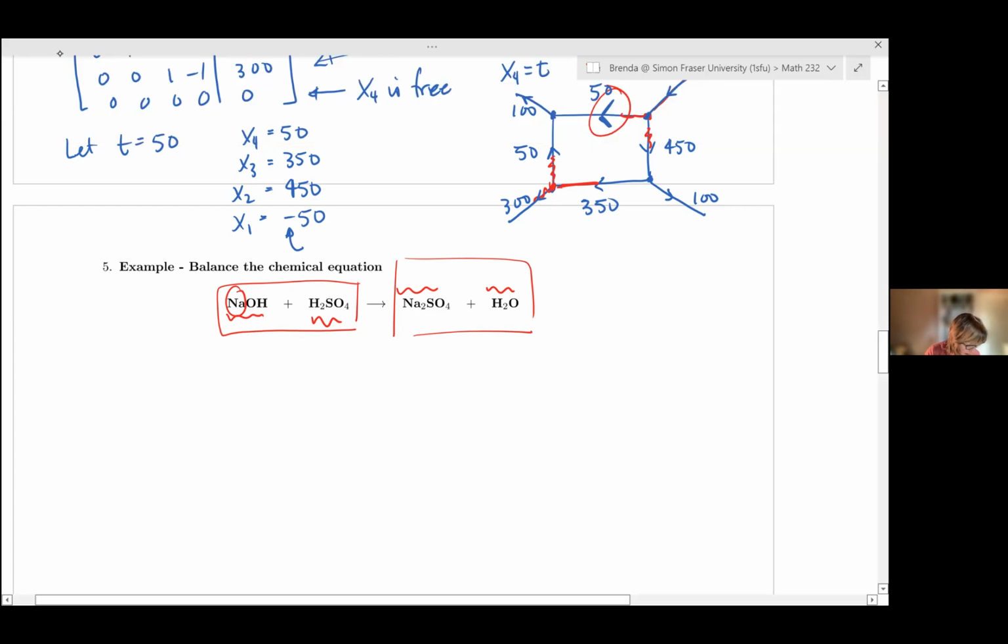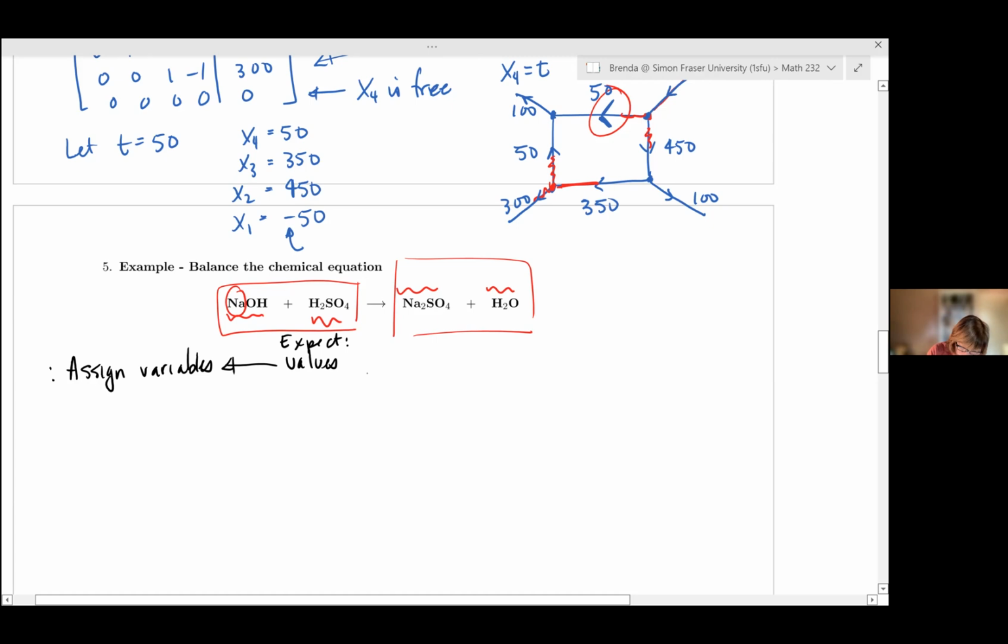So what do we do? We assign variables to balance the equation. I'll show you how that works in this case. Assign variables, just like we did in the previous flow control case. And then we are going to be thinking about the values we expect, or what's in some sense forced by the kind of problem we're dealing with.